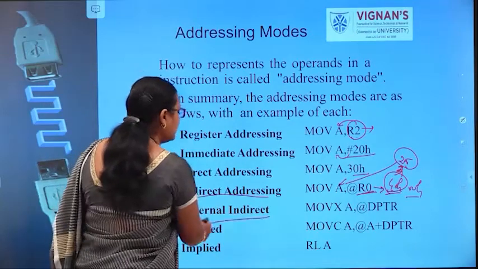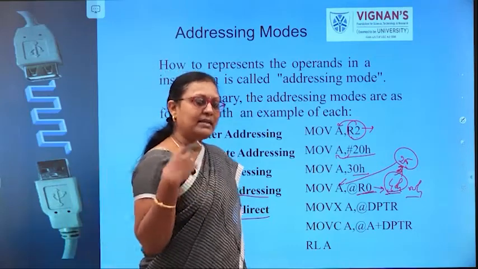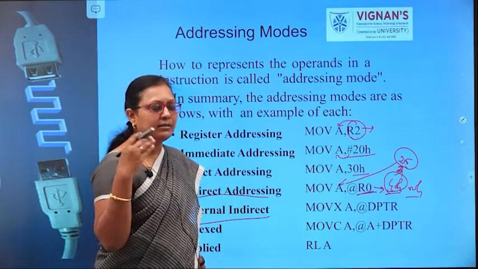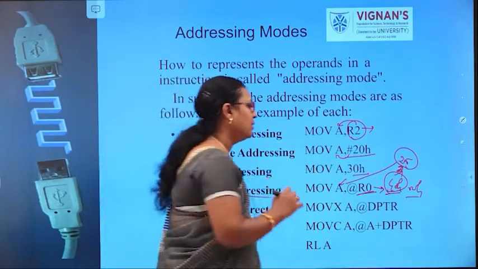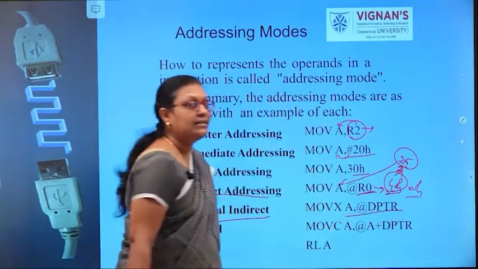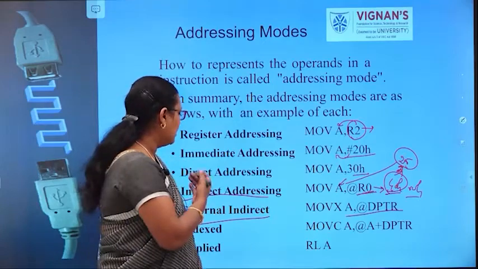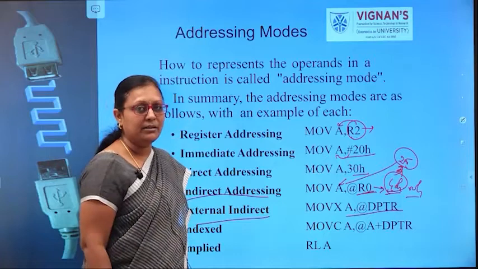External indirect means, generally, in order to represent the transfer between the accumulator and the external memory device, we use the register called DPTR, that is the data pointer register. Through this register only we will use this external memory command, right?